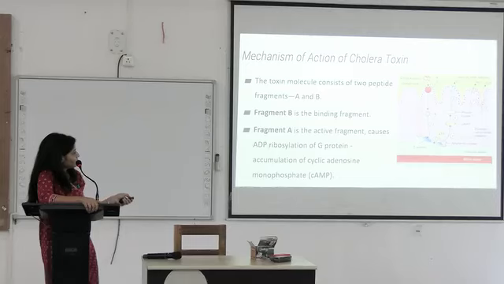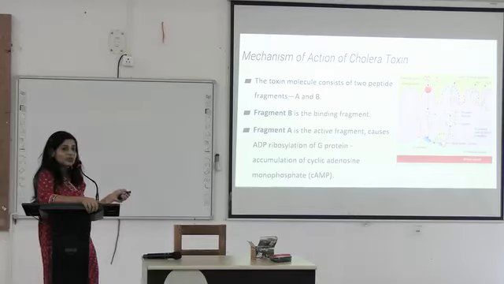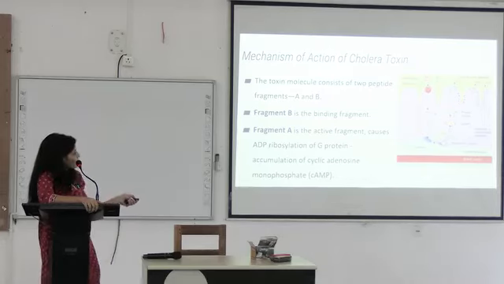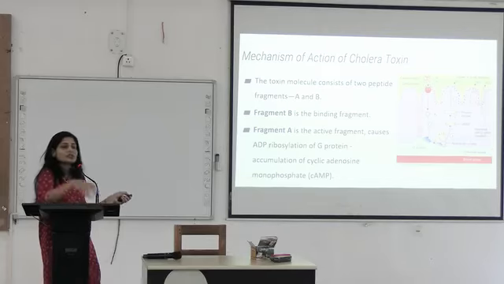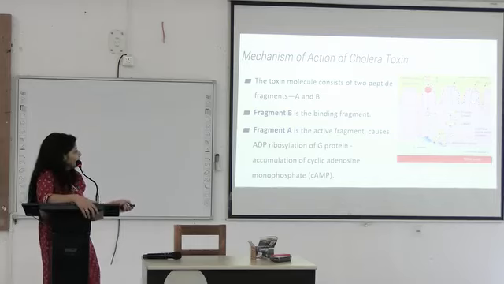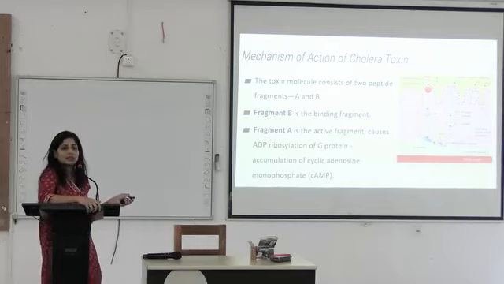From the cytosol, what does it do? It acts on the GM1 gangliosides. It is acting on what first? GM1 ganglioside. I told you about the enterocyte. This GM1 ganglioside is a receptor that is present on the enterocyte. Okay, don't get confused with the G protein. After that, in the cytosol, it acts on the G protein alpha, which is a self-regulatory protein that regulates the cyclic AMP in these cells.